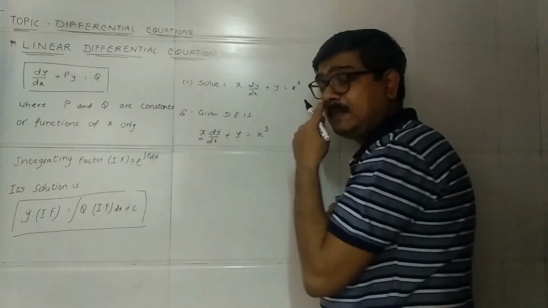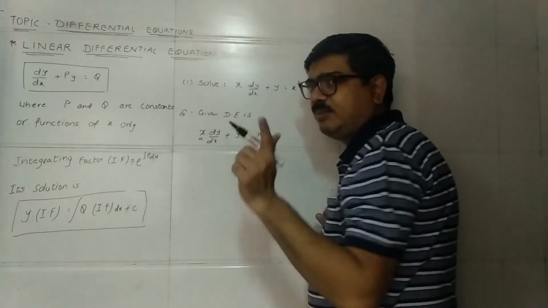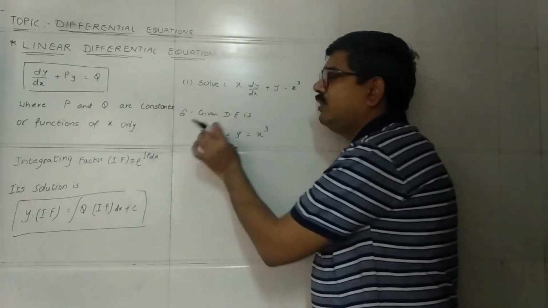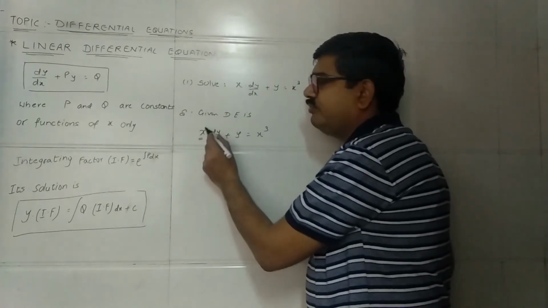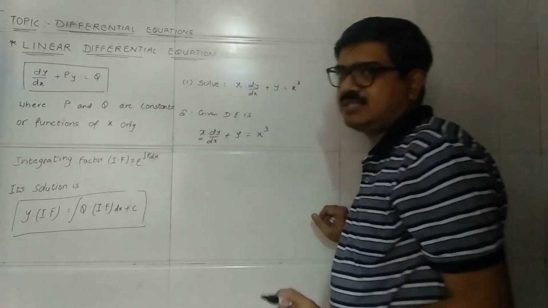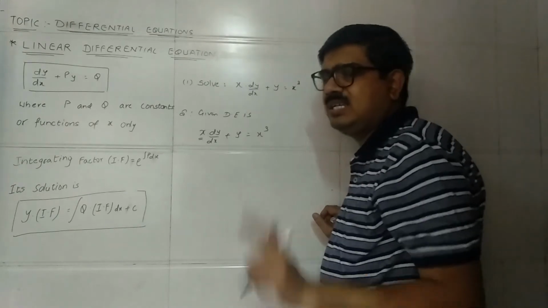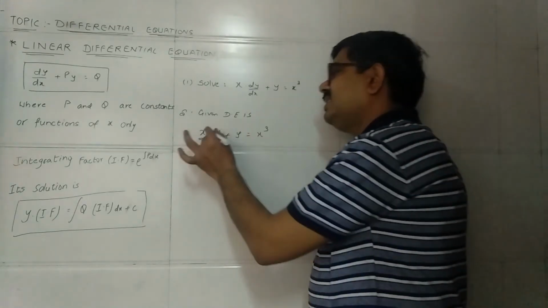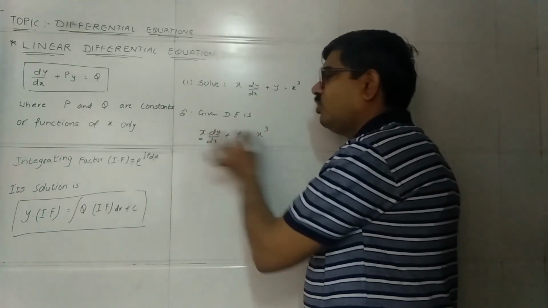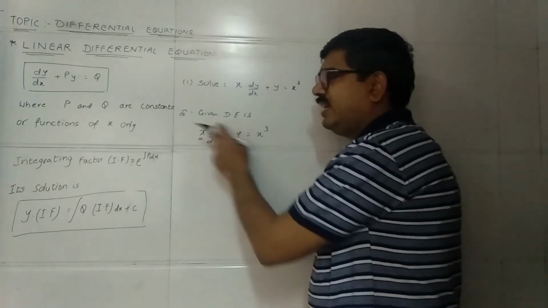So for eliminating this x, remember what you have to do. The way to eliminate the term which is multiplied with dy by dx, the only way is to divide the whole equation throughout by that term.